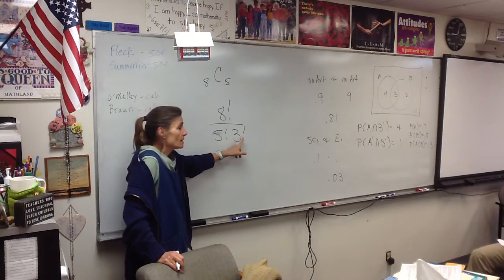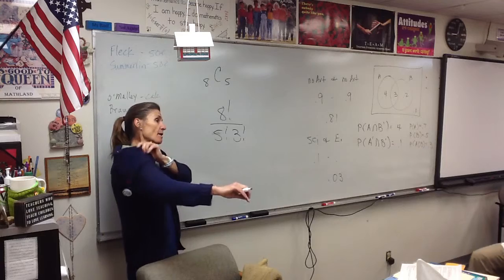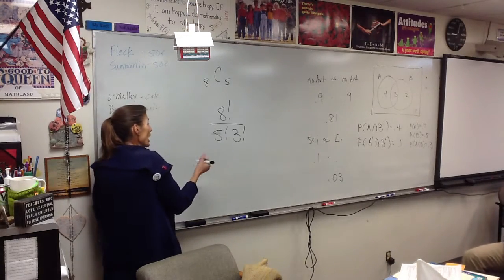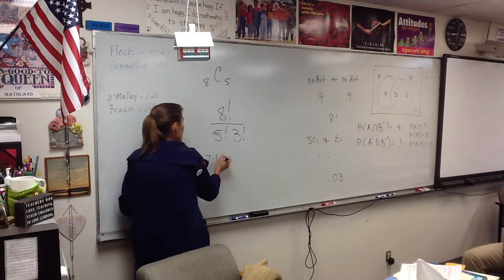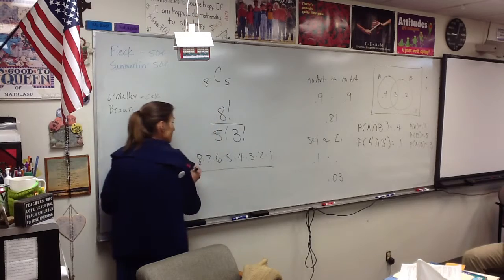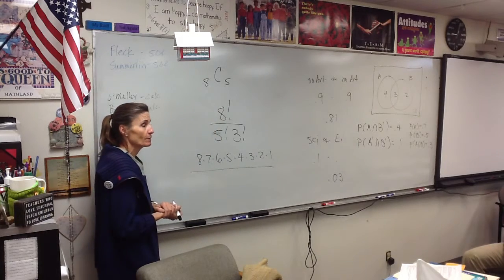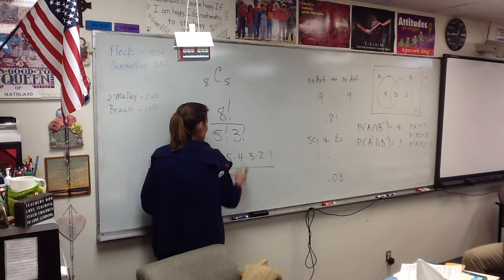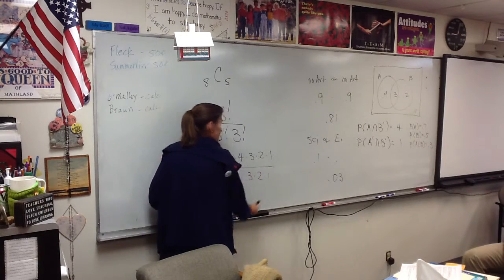So now, if we have to multiply this out and come up with an answer, like Jack said, 8 factorial means this. 5 factorial means this, and 3 factorial means this.